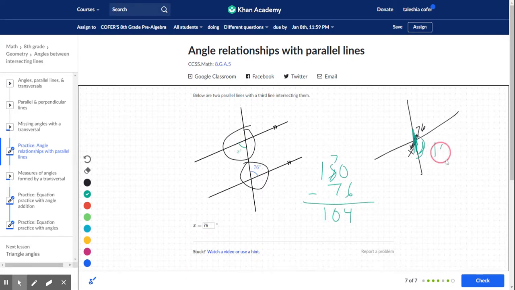So this piece will be 104. This 104 angle combines with my X to give me 180. So then I would take 180 minus 104, and I will be back at 76. To me, that's unnecessary when I could have just looked here and seen that they were vertical angles and that they would be the same.